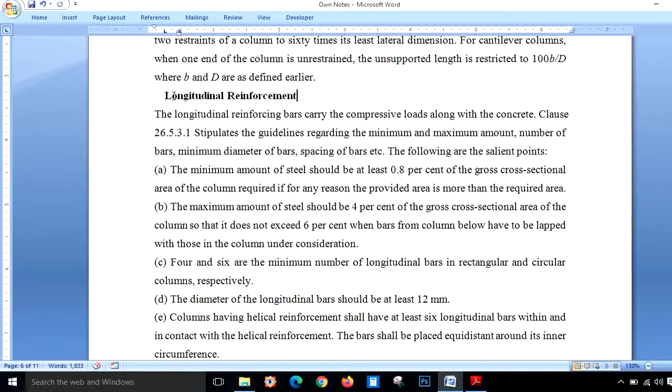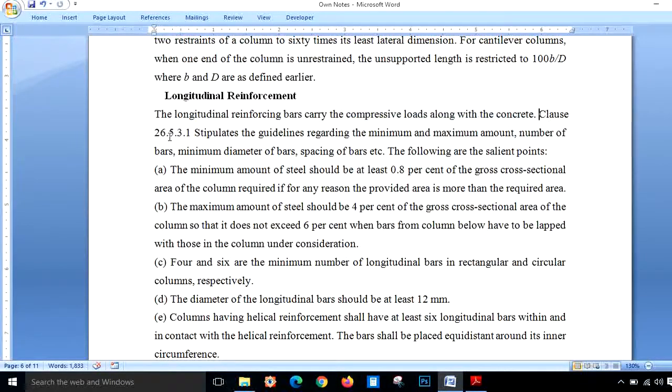Longitudinal reinforcements are the vertical reinforcement which you can see in the columns. The longitudinal reinforcing bars carry the compressive load along with the concrete, since they are vertically placed.